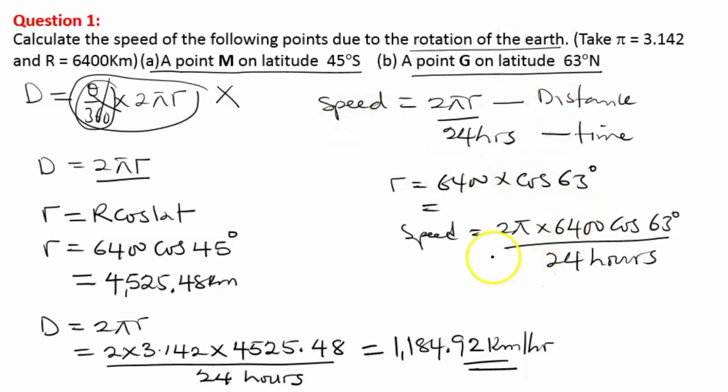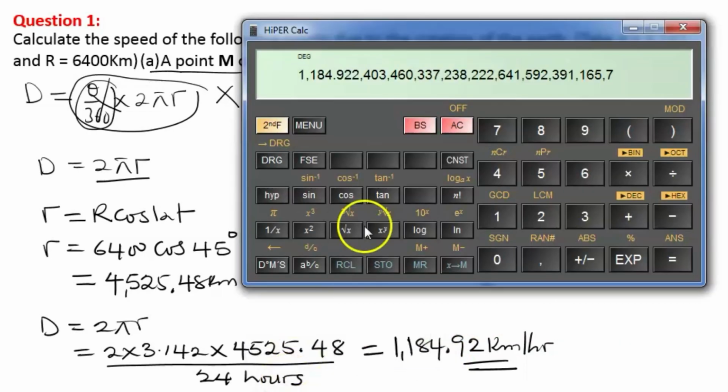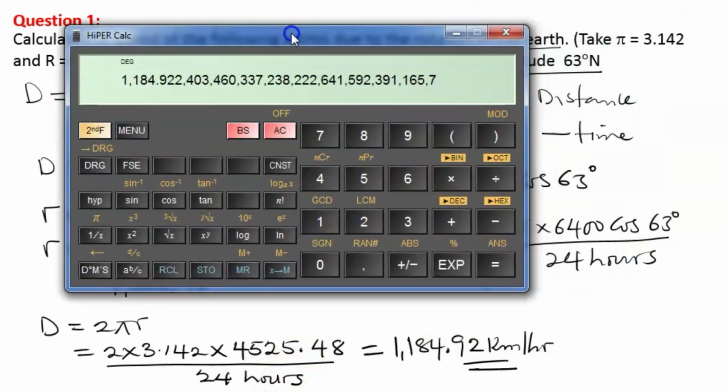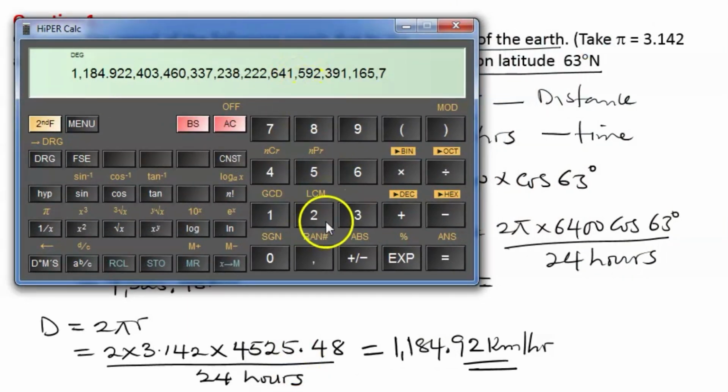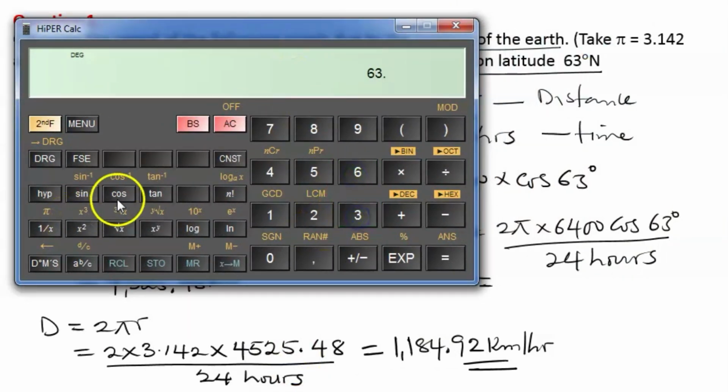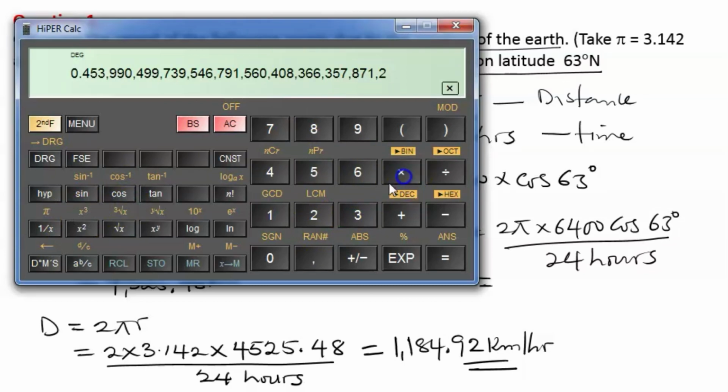So if we do this also for B, we are through with the A part, and this is the B part. Let's quickly do this. I have 63, the cos of it, multiplied by 6400, multiplied by 3.142, multiplied by 2.